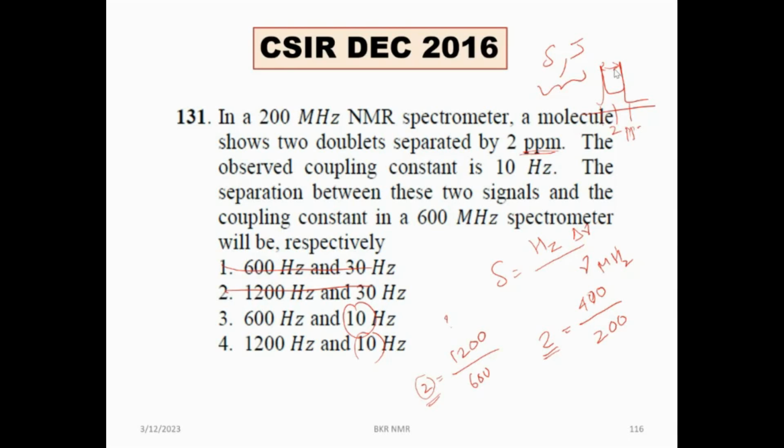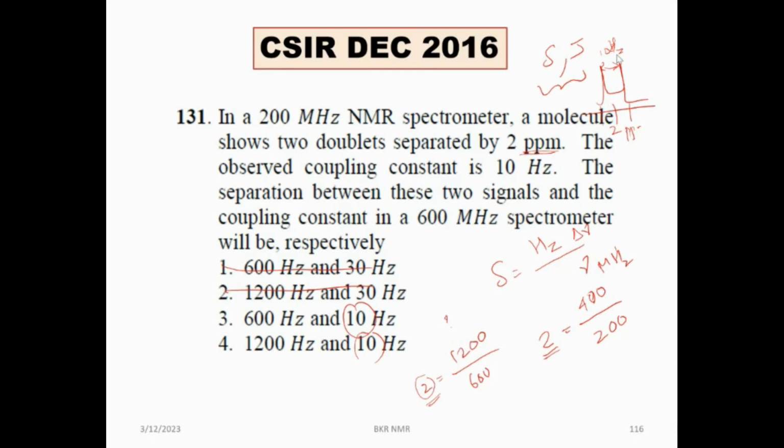Suppose it is operating at a 200 megahertz instrument, they'll be separated by 400 hertz. The difference will always be within 10 hertz. So 410 or 420, that's all. The separation between the lines of the spectrum, the coupling constant, will always remain the same.